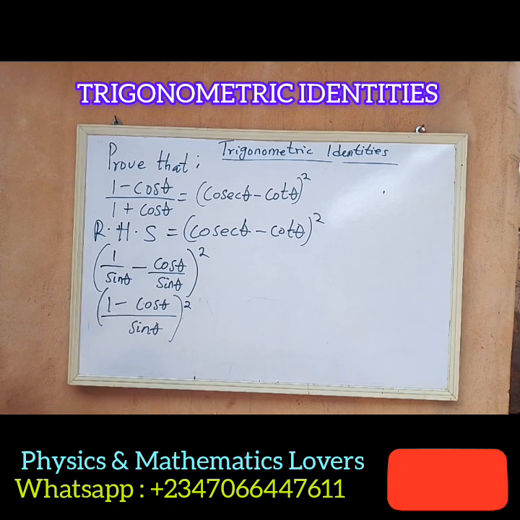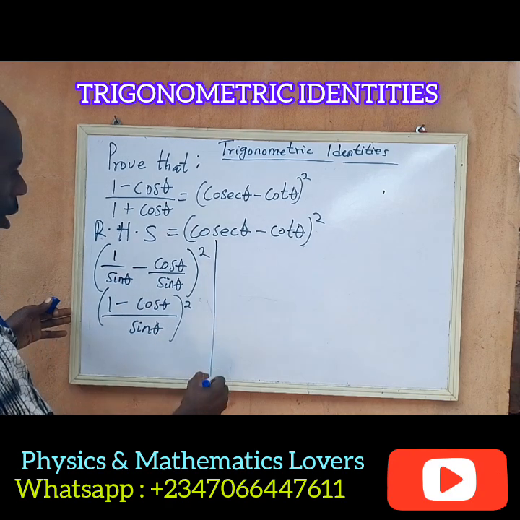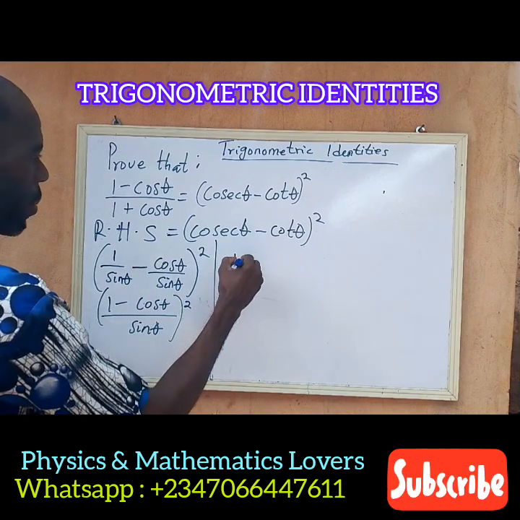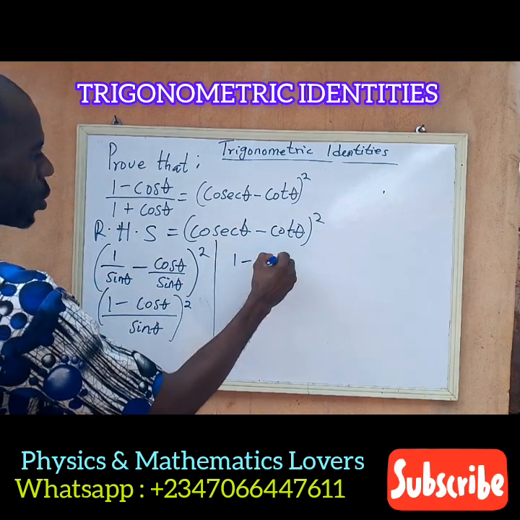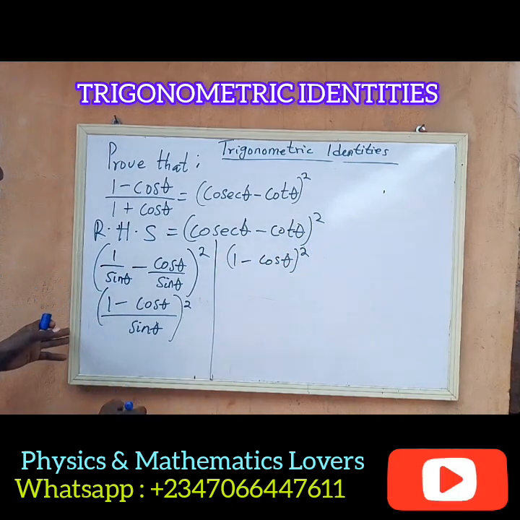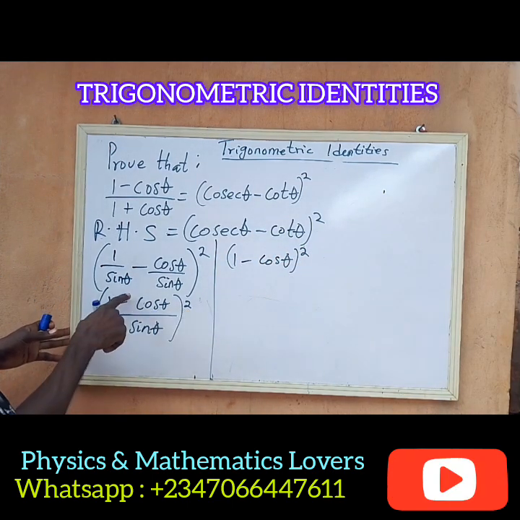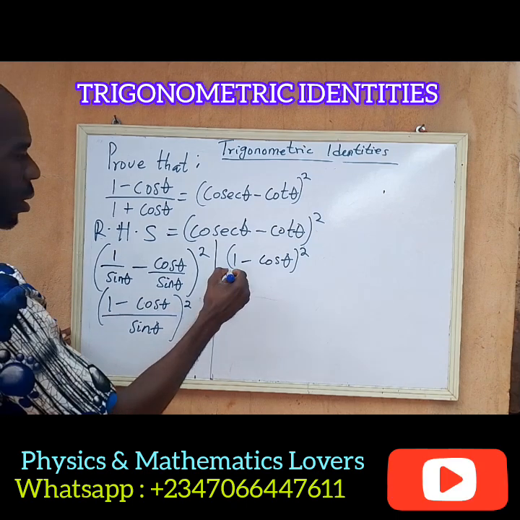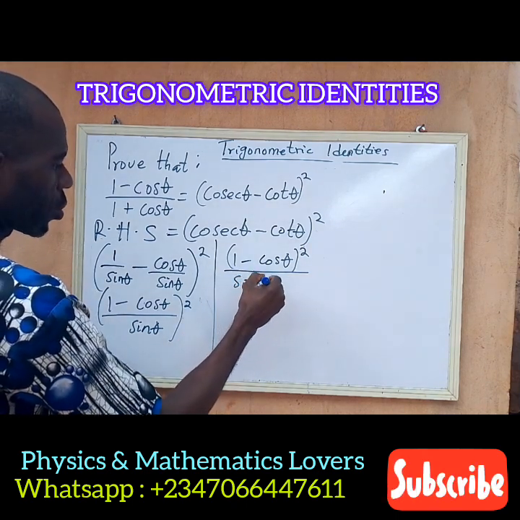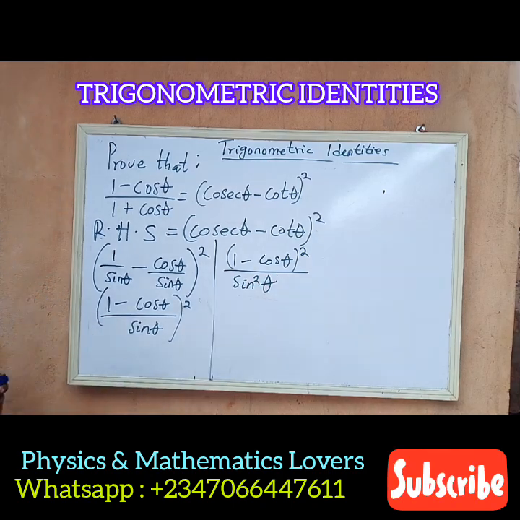Okay. Now let us open the brackets. If you open the brackets, we are going to have 1 minus cos theta all squared, because we are distributing this square to both the numerator and the denominator, all over sine square theta.